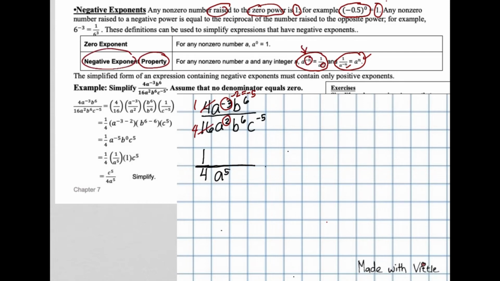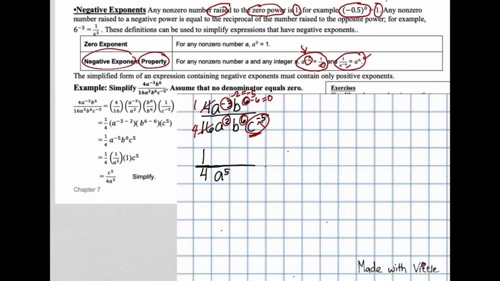Now let's divide the b to the sixth power by b to the sixth power. Subtract their exponents. That's going to be 0. b with the 0 power is just the same thing as 1 whole, so we'll just erase it. C to the negative fifth power is here at the bottom of our fraction, but it has a negative power.